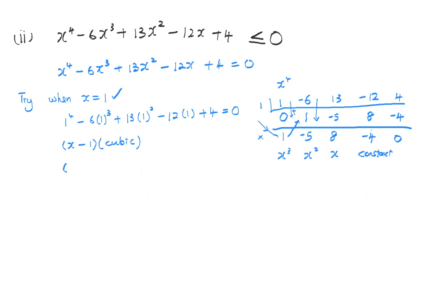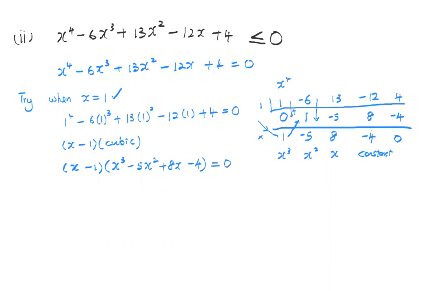So you have x minus 1 times x cubed minus 5x squared plus 8x minus 4 equal to 0.